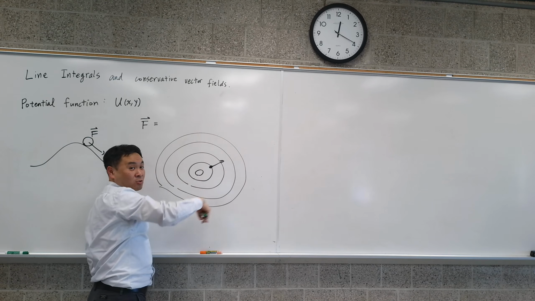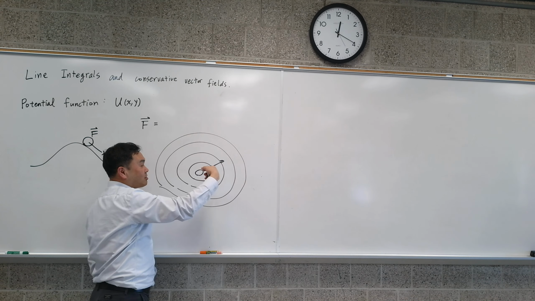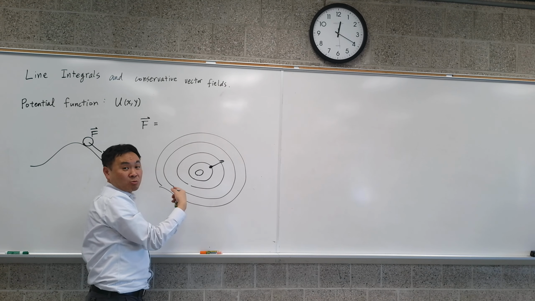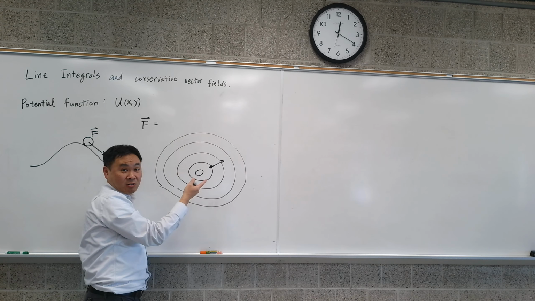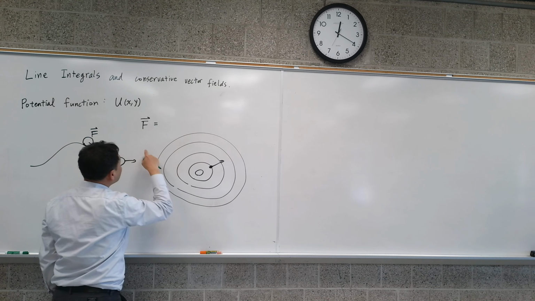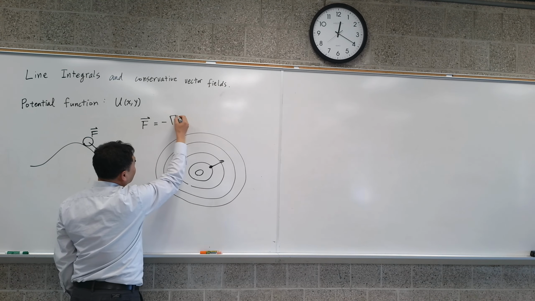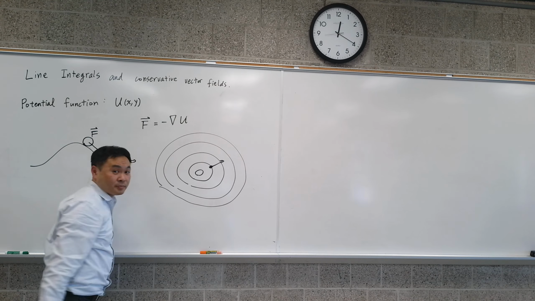Gradient is always pointing to the fastest increasing direction, so it's going to be that way, right? So what's the relationship between the two? Negative of each other, right? So what you see is that force is negative gradient of u.